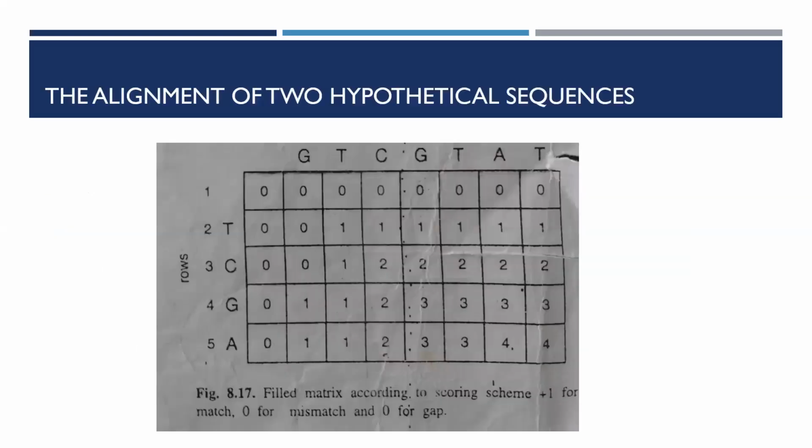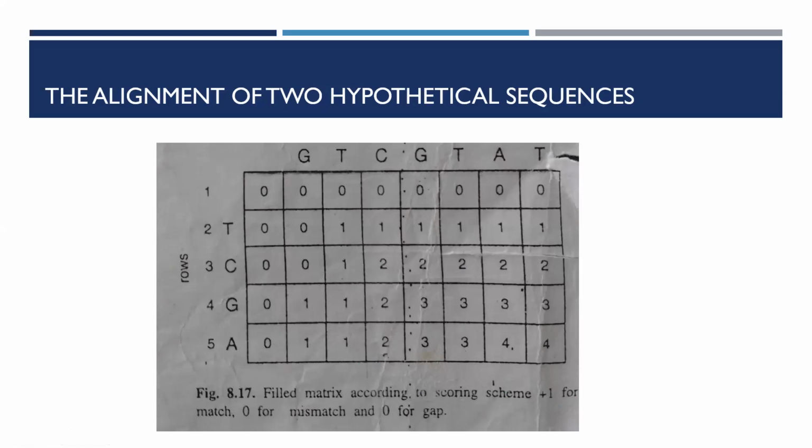So this is the matrix which is filled with alignment scores. This is one example where two hypothetical sequences are taken and the matrix is filled with the alignment scores. This is the filled matrix according to the scoring scheme. The scoring scheme defined here is +1 for match, 0 for mismatch, and the gap penalty is 0.